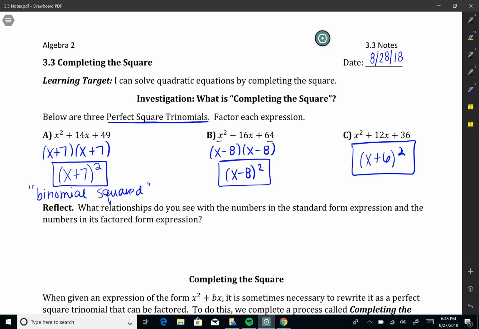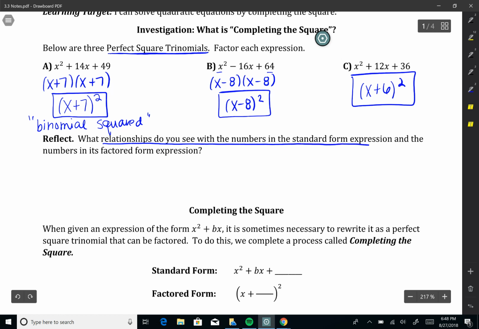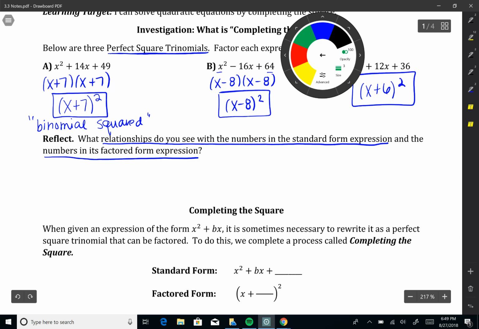Okay, but let's investigate further how all these numbers are related. That's what this reflect says. What relationships do you see with the numbers in the standard form expression and the numbers in the factored form expression? Actually, there's just one number in the factored form expression, but that's okay. In letter A, the number in my factored form is 7.